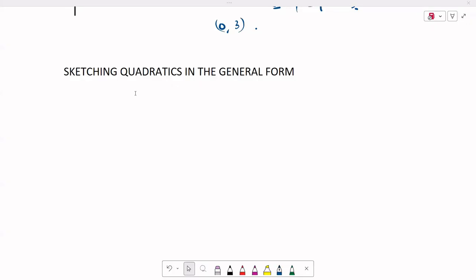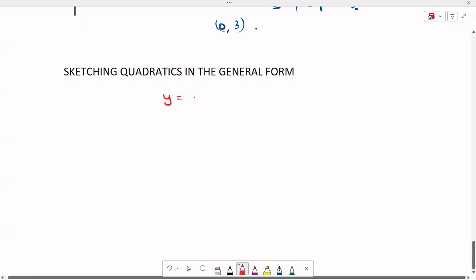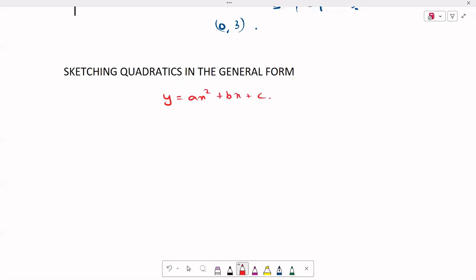So we know that in the general form, the quadratic equation looks something like y is equal to ax square plus bx plus c. We also know that if the quadratic equation ax square plus bx plus c is equal to 0, it has got two roots. Okay, it has got two solutions.